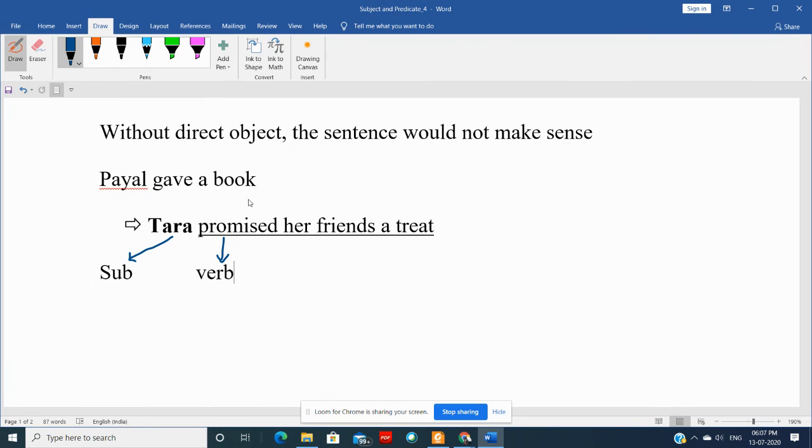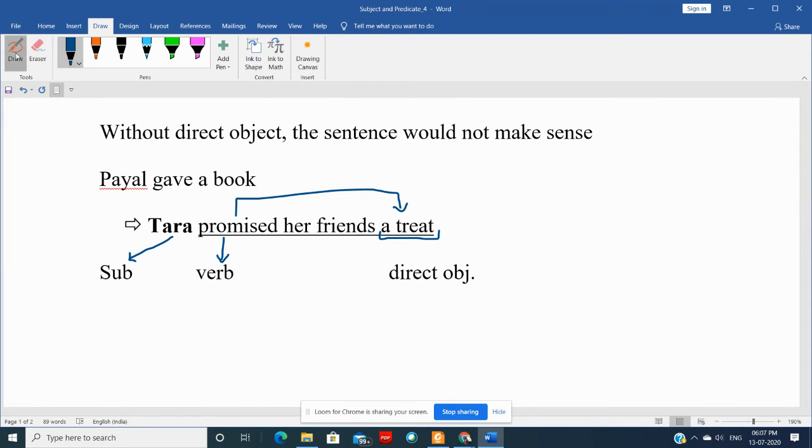Okay, now what will we do? We'll ask question to promised. Tara promised what? Tara promised a treat. So this whole thing, a treat, that becomes your direct object.